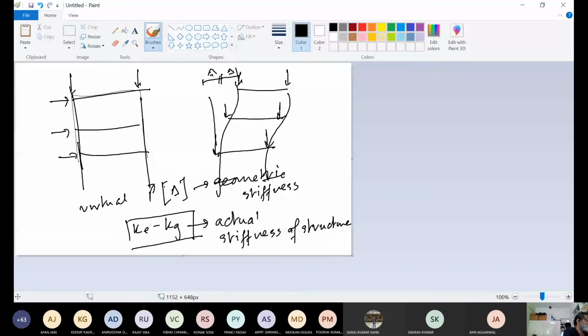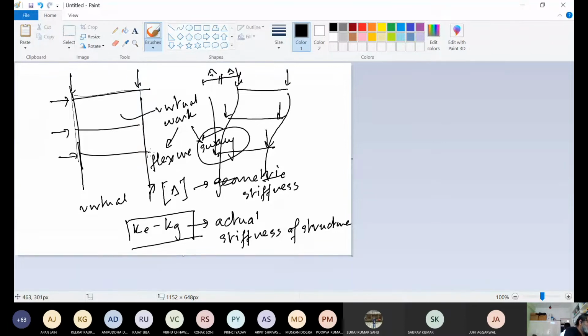What I'm trying to say is that your stiffness matrix comes from a virtual work equation. There is a virtual work coming because of pressure, and there is actual work coming because of your sway.